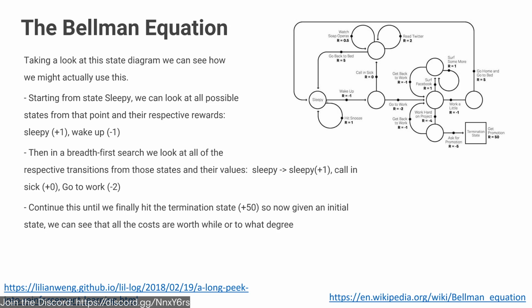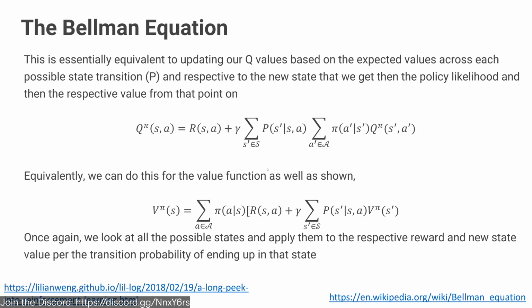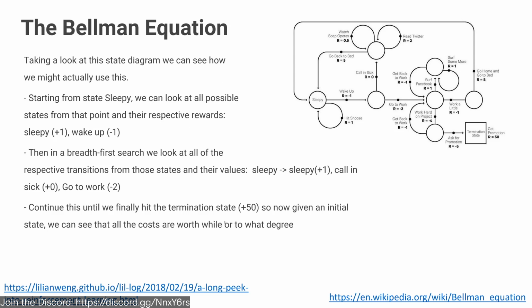But given the distribution here of all actions, it's actually going to be -2 plus, well, no, it's just going to be -2 because these two rewards are going to cancel each other out. And so cool. Now our state of being in sleepy is going to be -2, and our value of being in state wake up is going to be also -2.